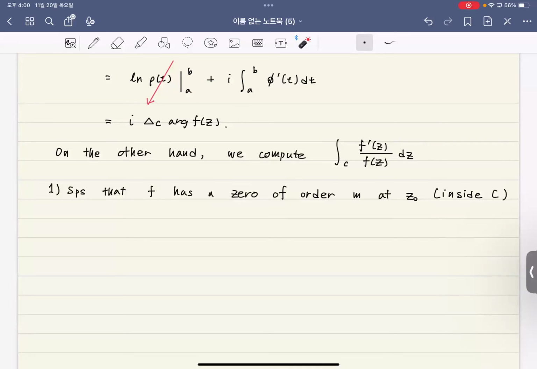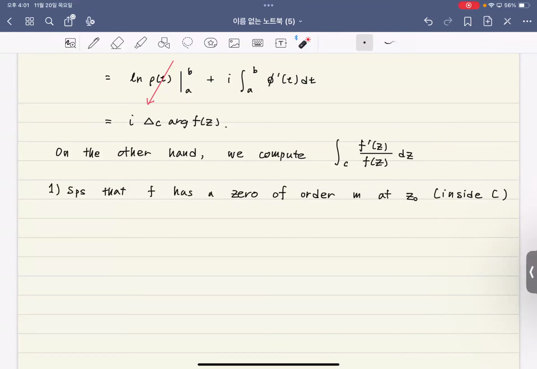On top of that, this also has some poles inside of C. Therefore, the poles of f may be singularities of this function too, right? If f has a singularity at some point, then f prime may have the same singularity at that point. Therefore, the poles of f can also be considered candidates for singularities of this integral function. Okay.